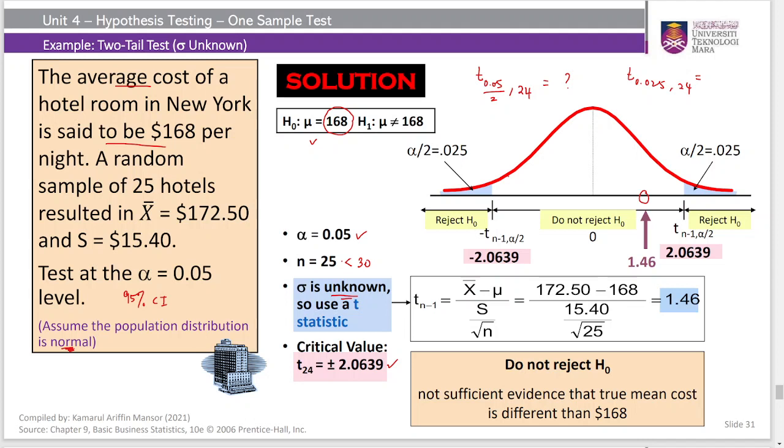So we do not have sufficient evidence that the true mean cost is different from 168. So we do not have enough evidence to support the idea that the average cost of a hotel room in New York is different from 168. Okay, so that is the situation.